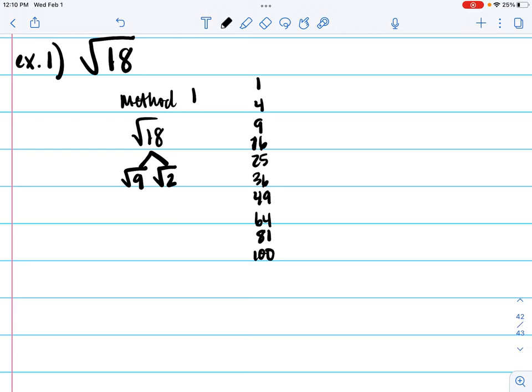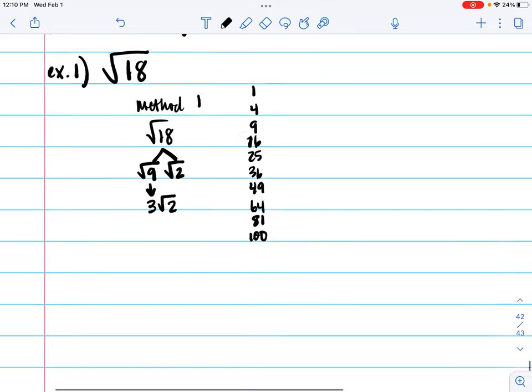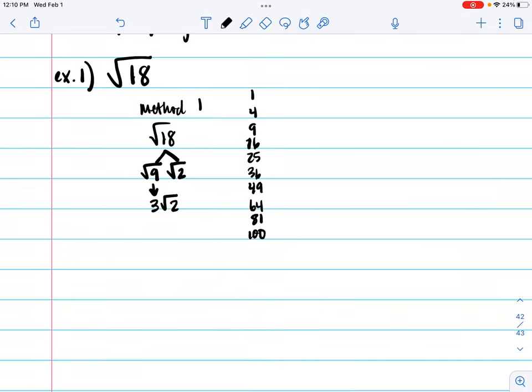Well, 2. 9 times 2 is 18. And from here, we could actually take the square root of 9. So we take 3, the square root of 9 is 3, and we include the square root of 2. Square root of 2 is as far as you could go with that. It's a prime number, and that's as far as we go. So that's method 1, where we use perfect squares.